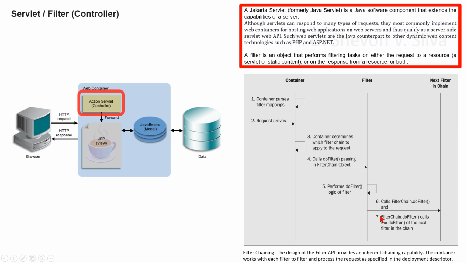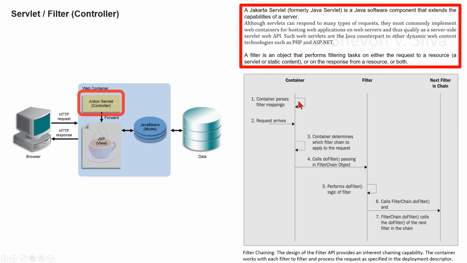Note that the mechanism of chaining is inherently different from most other conventional filtering and server extension mechanisms such as Apache modules and Microsoft Internet Information Server and the Internet Server API. Here you can see chain, container, filter and next filter in chain.